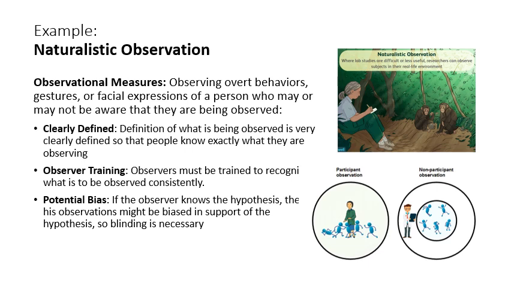So if this researcher is observing these children and looking for certain, say, aggressive behavior, and there are two conditions, maybe in one condition there's aggressive music playing, and in the other condition there's a different kind of music playing. If this researcher knows the hypothesis, then it might be that he kind of distorts his observations. So we might say we have some challenges with this kind of data.